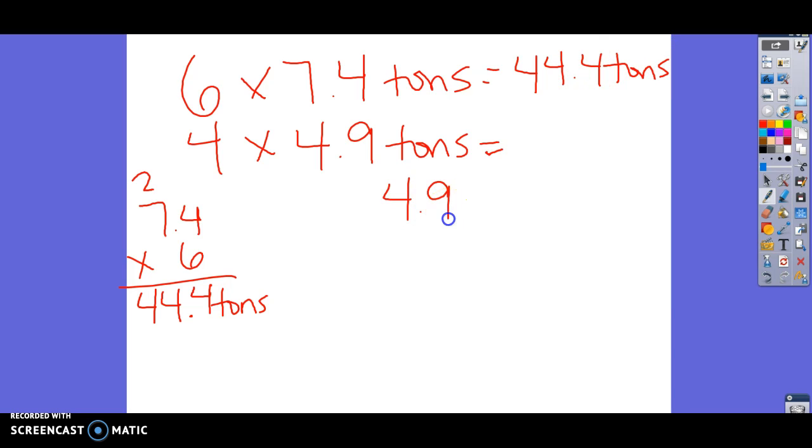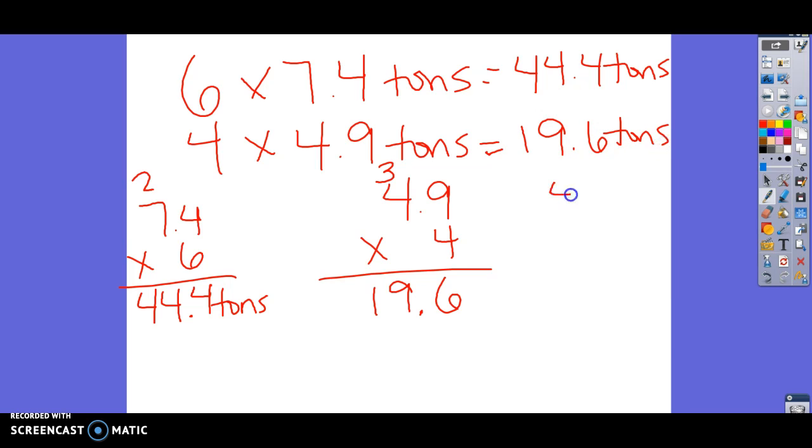And 4 9/10 tons times 4: 4 times 9 is 36, 4 times 4 is 16, 19, with the decimal place, 19 6/10 tons. We're going to add up these two totals: 44 4/10 tons plus 19 6/10 tons is 64 tons even for the two sets of cargo.